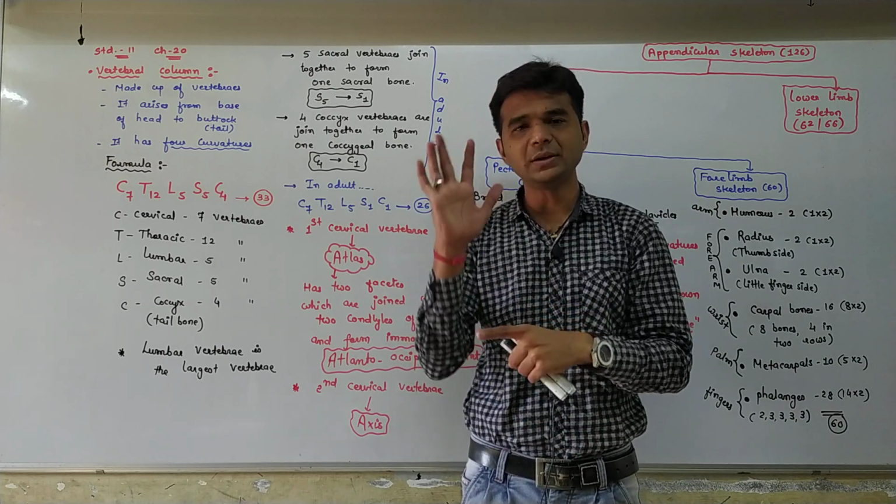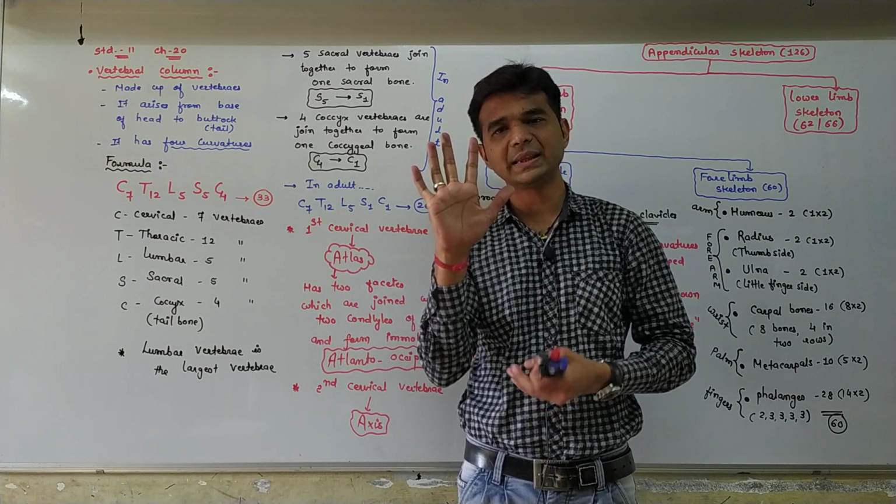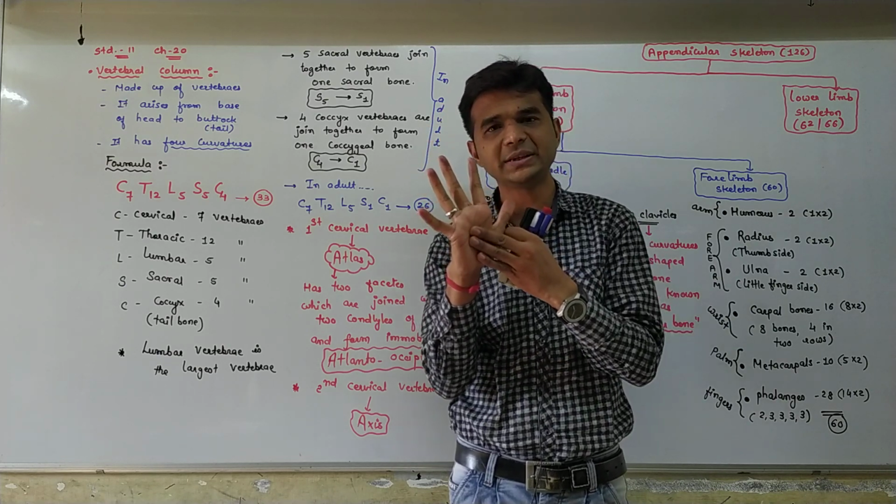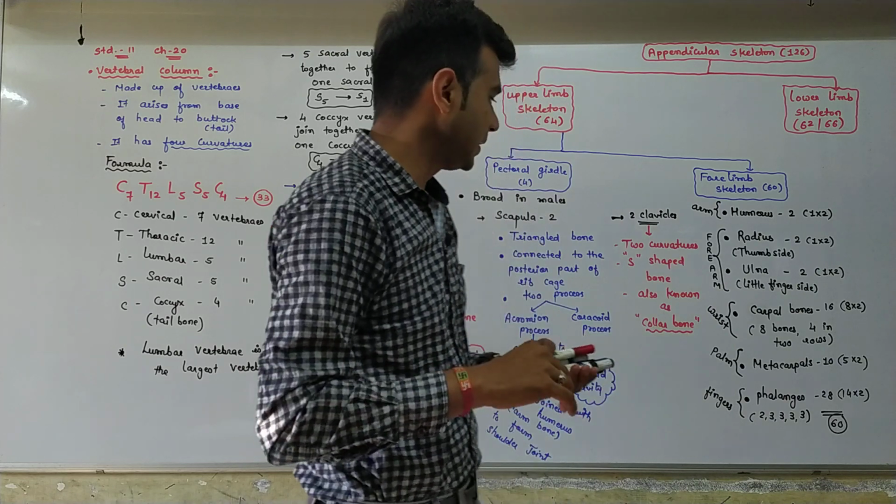In the palm region, the metacarpal bones are 5, and phalanges 5 in the fingers.